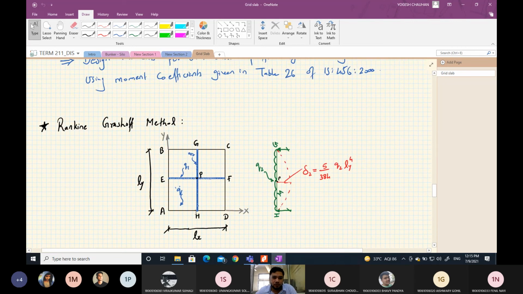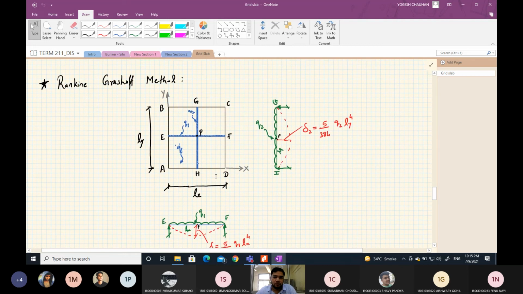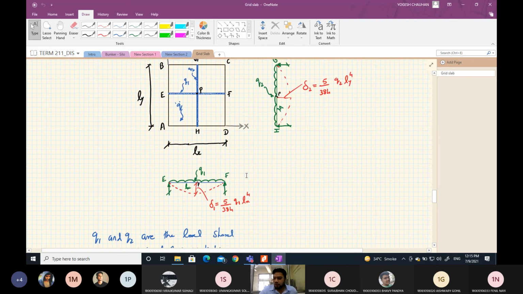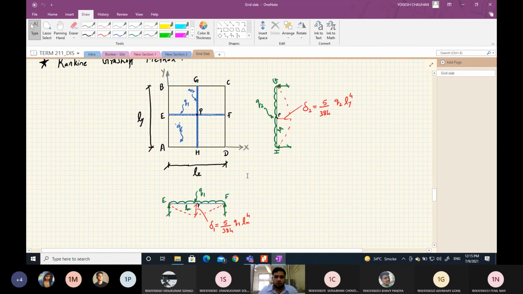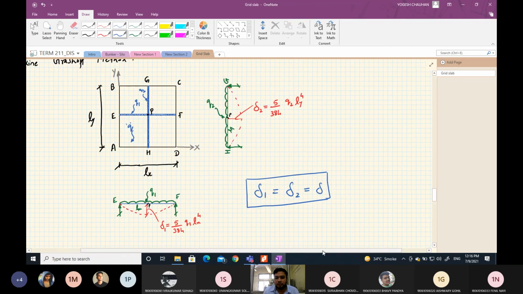So the deflection of this strip at P point and deflection of this strip at P point should be equal. This is what the Rankine-Grashof method states.